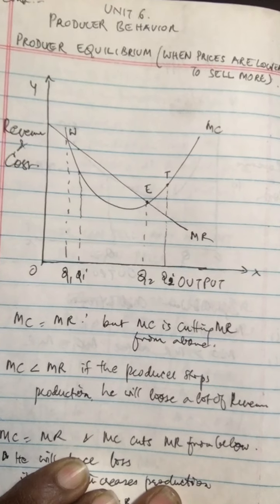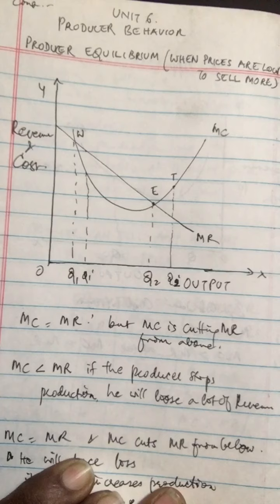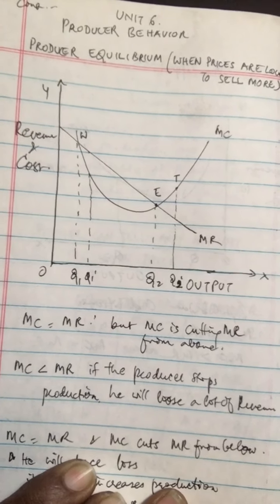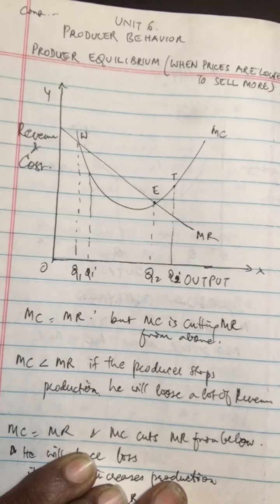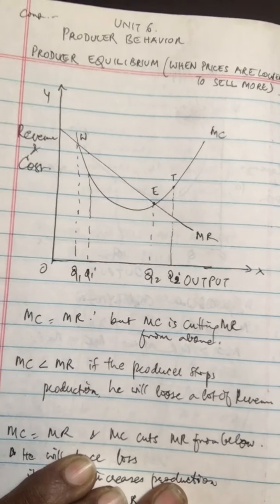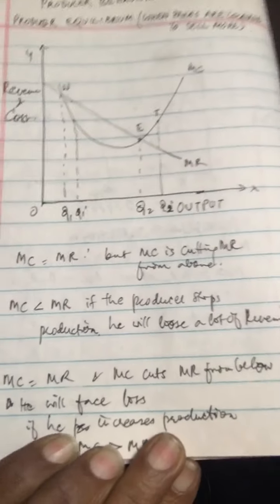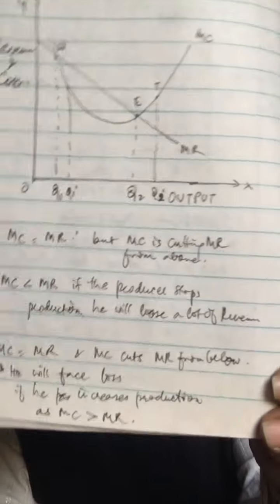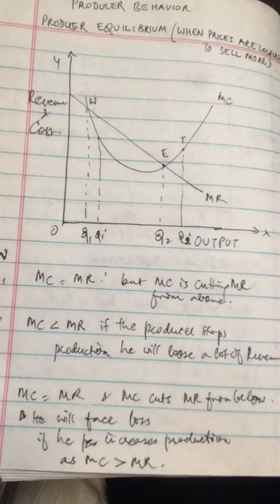So profit maximization is the producer's behavior, and producer's equilibrium is where he maximizes his profits. With that, we've come to the end of this unit. In the next, we're going to talk about supply.